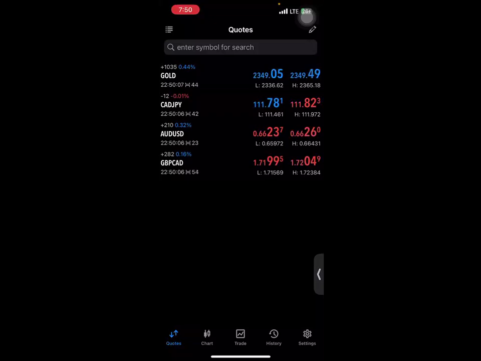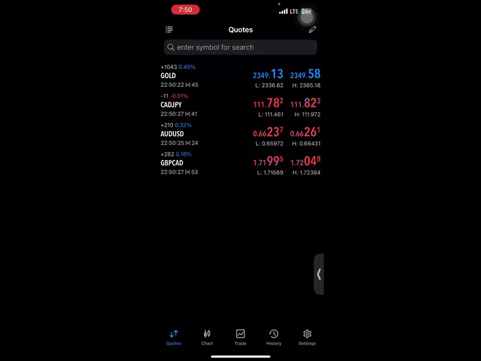I'm just using that as an example because Gifty already has gold here. Gold is the same thing as XAU USD. So there are some times where you search for XAU USD, you won't find it. So what you want to do is just find gold, which is GOLD. It is the same thing.